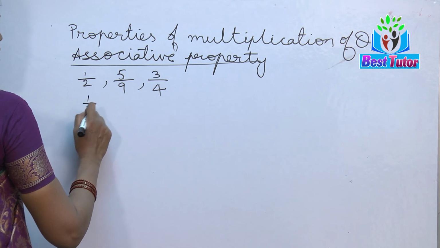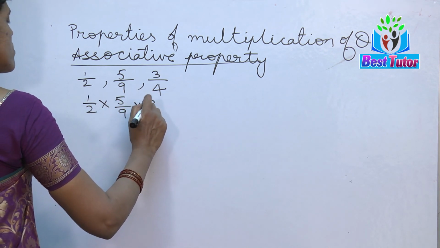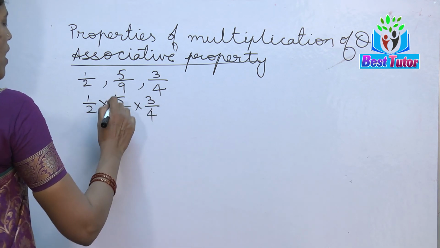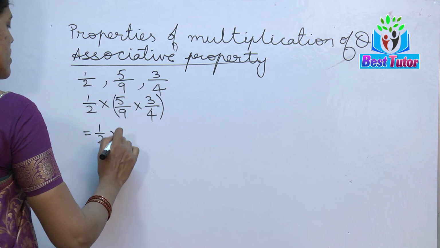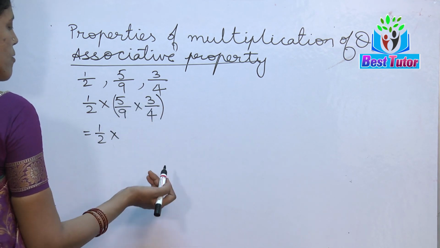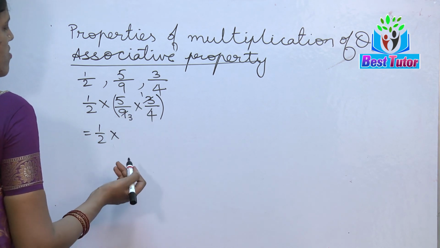I would like to find out their product. 1 by 2 into 5 by 9 into 3 by 4. I group these two first. Then the product is, first of all, are there any common factors? Yes, 3 ones are 3, 3 threes are 9. That is the first step. Done.